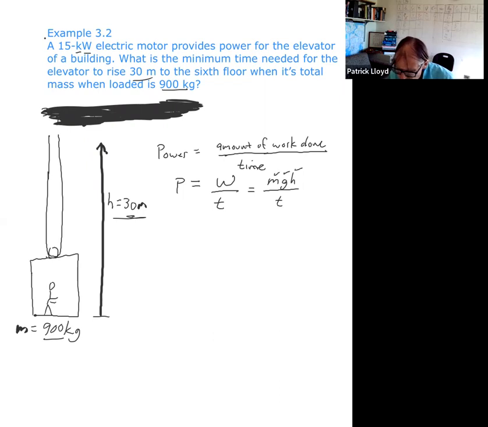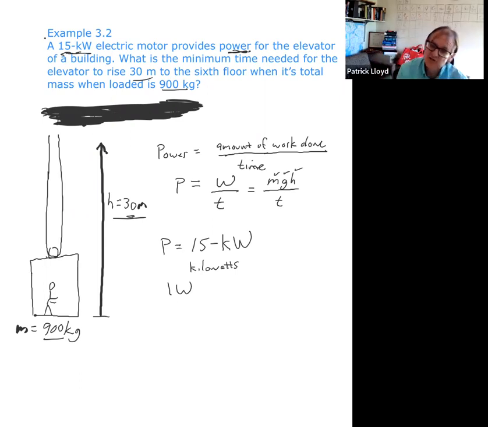The question is, where's the power? Because we're asked for the time. Well, this is right here. It's providing power. So this is a measure of the power. So we would say that the power is very often measured in what we call kilowatts. This is called kilowatts because a watt is the MKS standard unit for power.